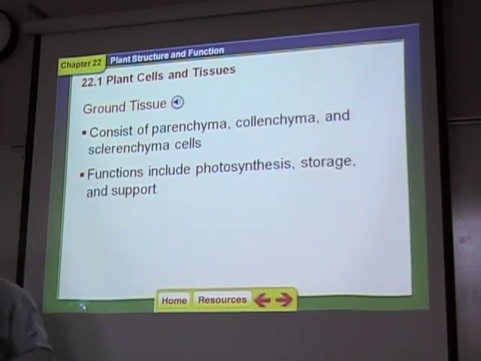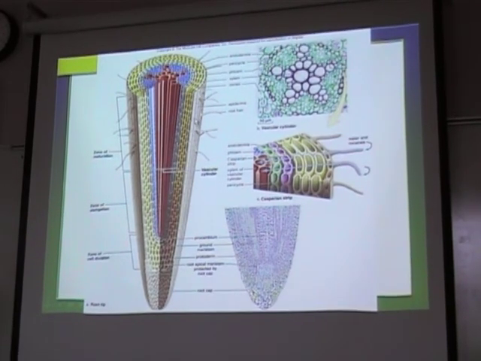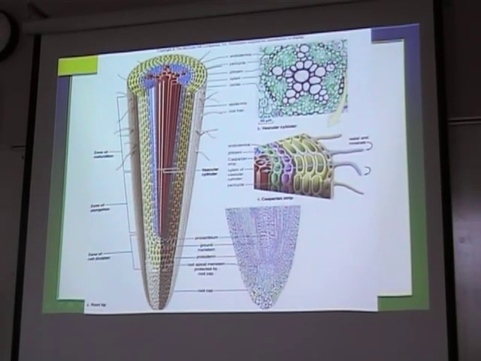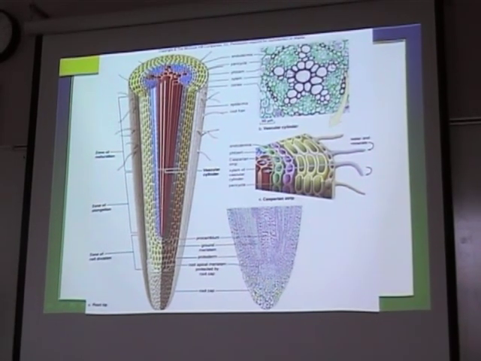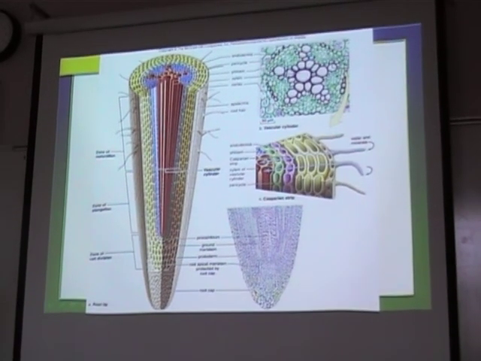Often they store stuff. There's a bunch of cells in a root. If we were to cut open a root and look at it, we would see this. There's the epidermal cells on the outside. Then there's a bunch of cells that are just storage cells, these yellow ones. Those are ground tissue cells. Then there's multiplying cells.